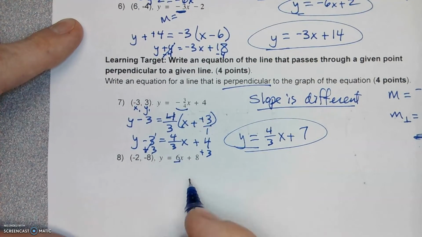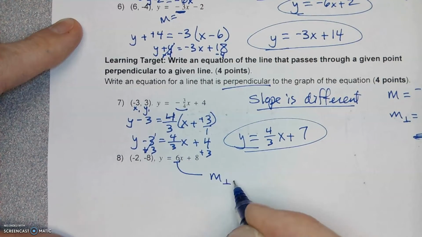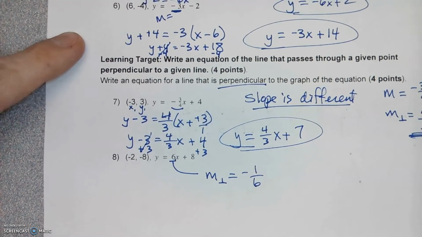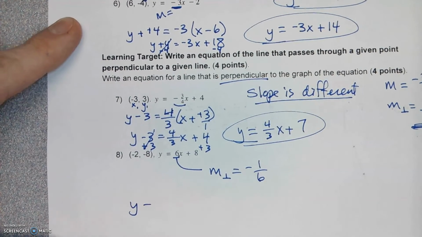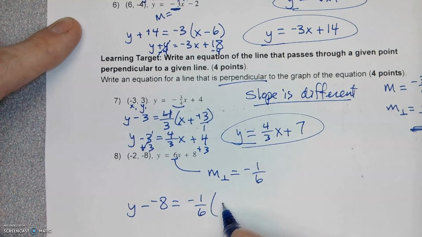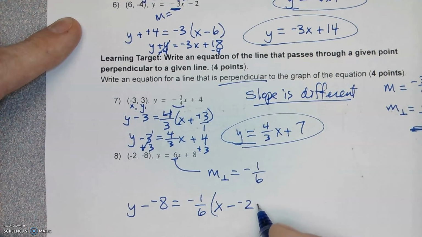And last, we know we're going to have to change that slope for the perpendicular slope, so it will be a negative 1/6. Write out your point slope form. Y minus y1, which is negative 8, m of negative 1/6, and x minus x1 of negative 2.